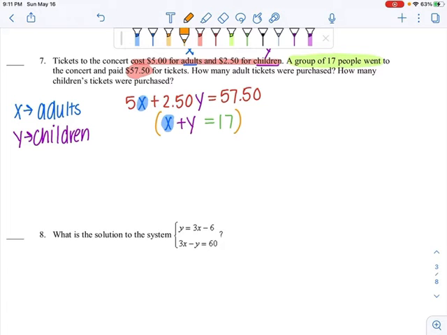So we can multiply this whole thing by -5. And when I do that, that's going to give me -5x minus 5y equals -85. And then I can just bring that top equation over.